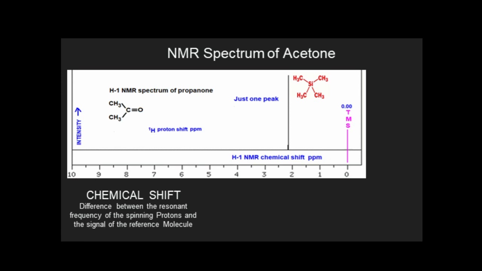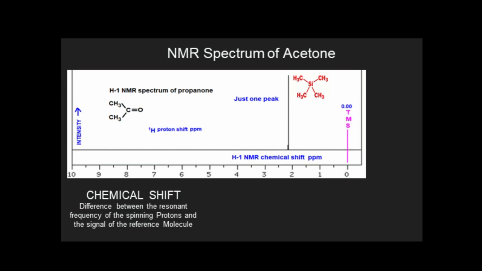But in the NMR spectrum, you get a single peak, chemically shifted from TMS to around 2.3. So all the 6 protons show a single peak. That means all these 6 protons are chemically equivalent, environmentally equivalent, and electronically equivalent. That's why it shows a single peak.